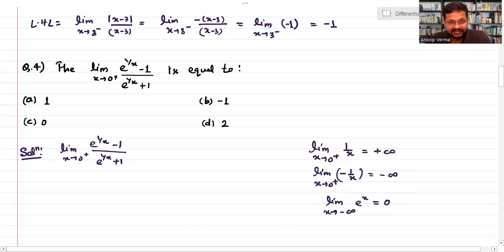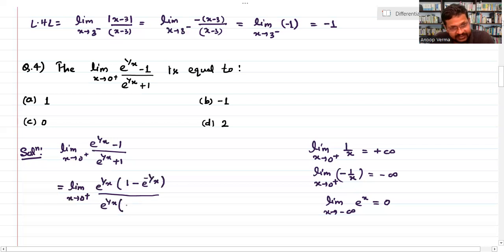So if we directly apply the limit here, e to the power 1 upon x, we can see that this will be e to the power plus infinity, and that will be infinity upon infinity. So here we will apply a little trick. What will be the trick? In this limit x tending to 0 plus, we take e to the power 1 upon x outside, so what remains is 1 minus e to the power minus 1 upon x. Similarly, from here we take e to the power 1 upon x outside, so what remains is 1 plus e to the power minus 1 upon x.